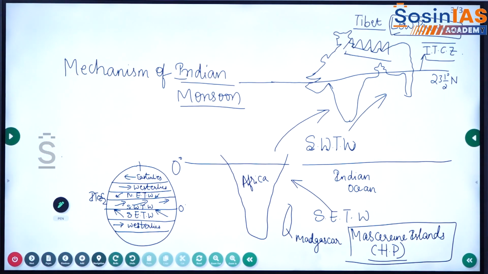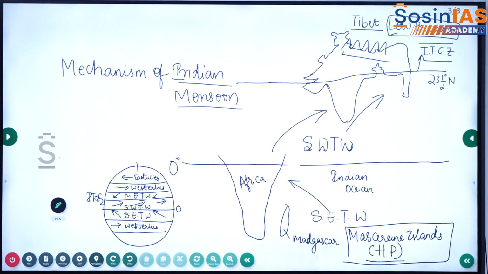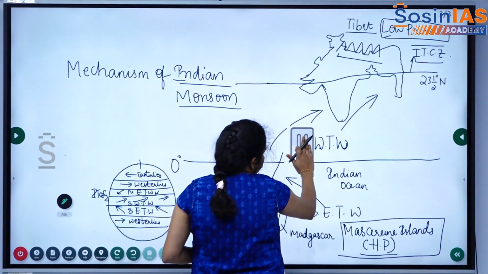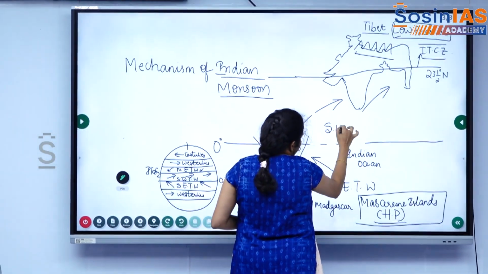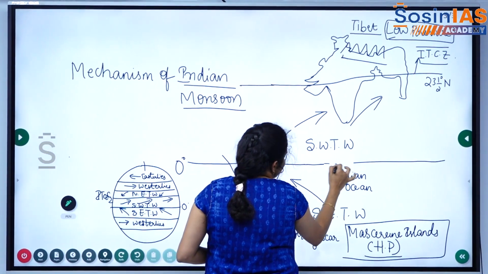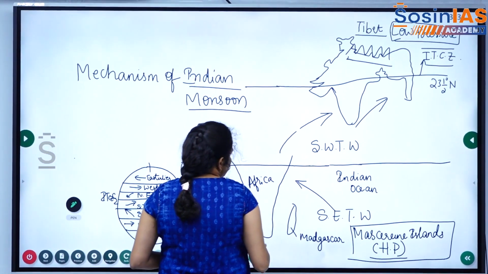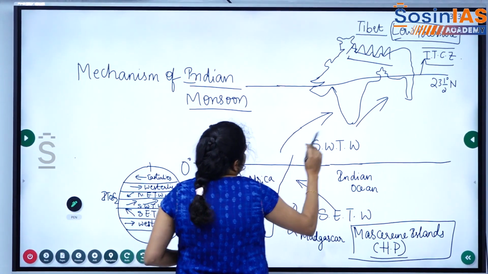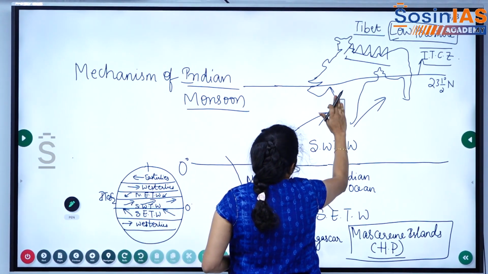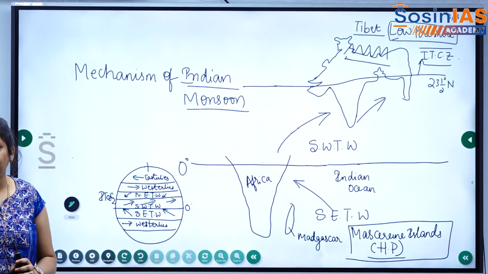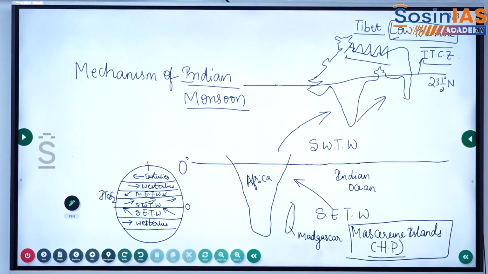Under that please write: southwest trade winds enter India and become onshore winds for the western coast of India and provide monsoon rainfall.